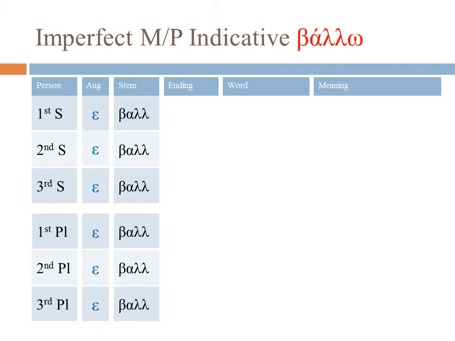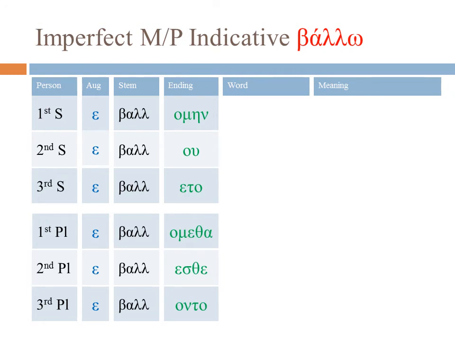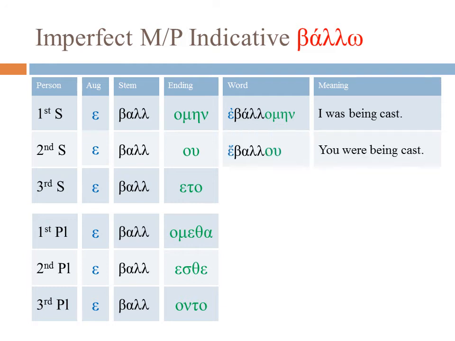We're going to always put an augment before. And the endings that we're going to have are middle endings. So we're going to have omēn, ou, eto, ometha, esthe, onto. And the word that we're going to get is eballomēn, I was being cast. The passive here was being.